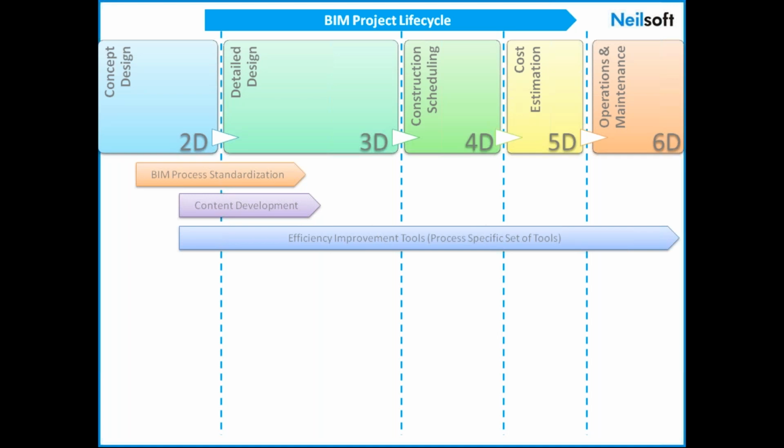As a next step, which essentially overlaps 2D and can go up to 6D, which is the operations and maintenance, is then developing efficiency improvement tools which adhere to the processes and the standards that have already been defined as part of the BIM process standardization. And that is where, using Revit API or Dynamo, we help in developing various tools, some of which are like integrating your design calculations.